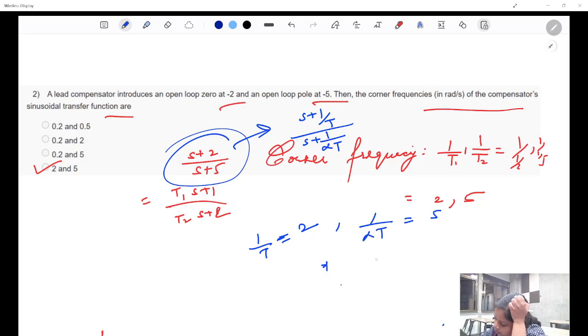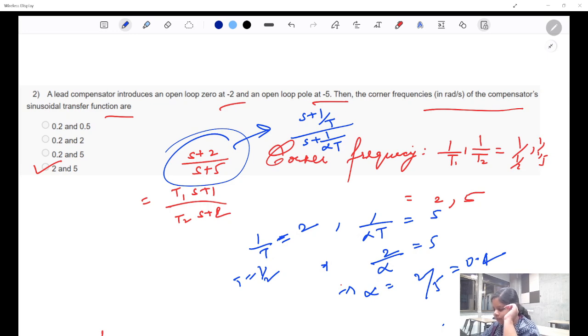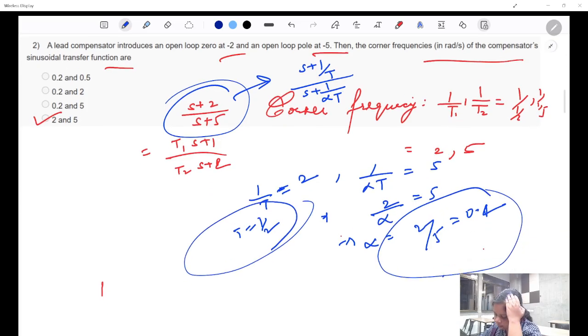So T is equal to half, and 1 by T, which is 2, upon alpha is equal to 5. From here, alpha is equal to 2 upon 5, which is 0.4. So T is half and alpha is 0.4.